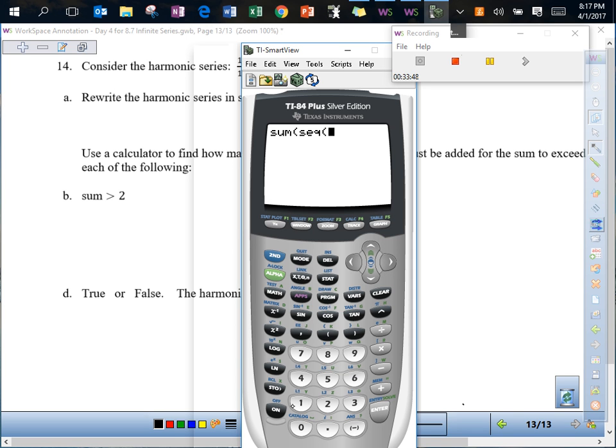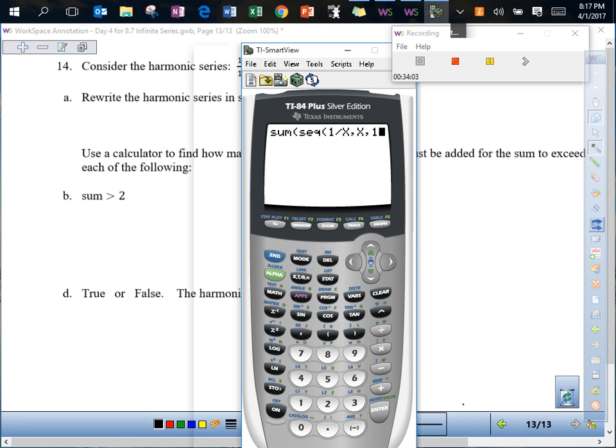In the first spot goes the formula we're using, which is 1 divided by x, comma, and x every time, comma, a 1, because that's where we're starting.